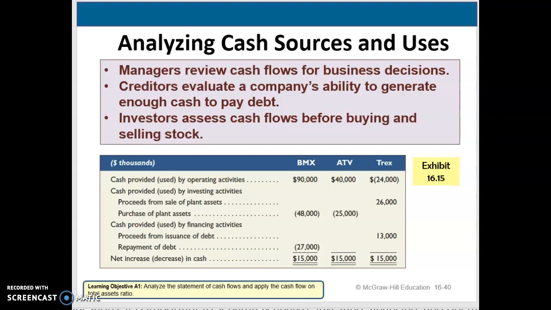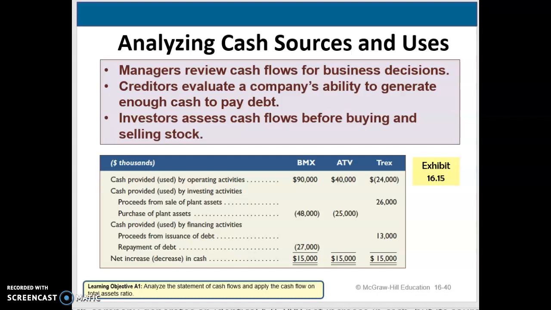ATV's operating activities provide $40,000 in cash flows, limiting its purchase of plant assets to $25,000. Trex's $15,000 net cash increase is due to selling plant assets and incurring additional debt. Its operating activities yield a net cash outflow of $24,000.